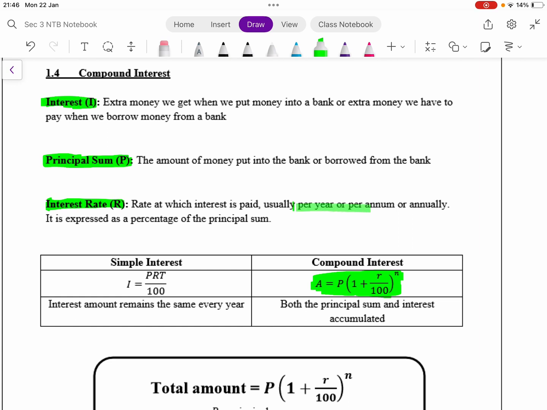Per annum just means how much interest is being compounded on the principal every year.